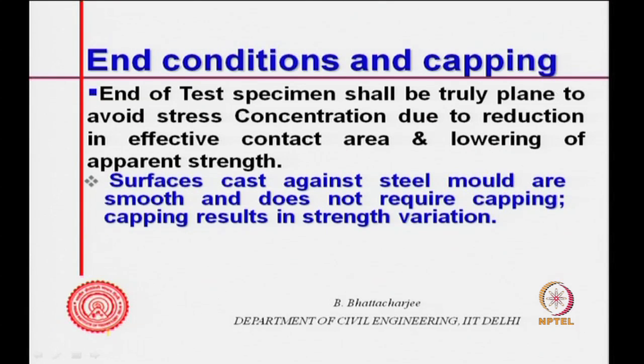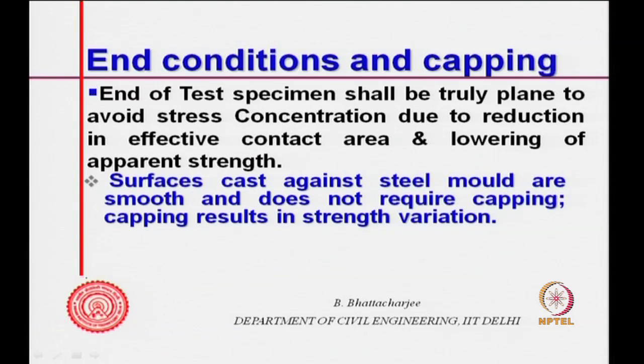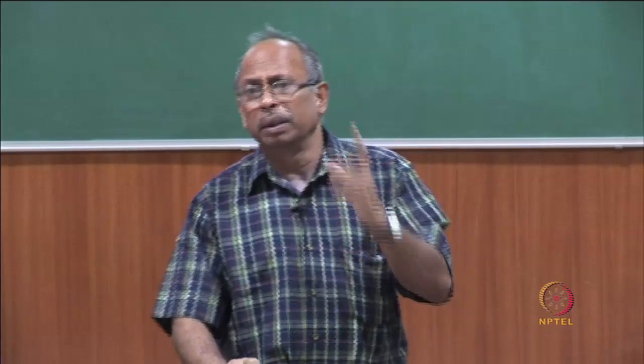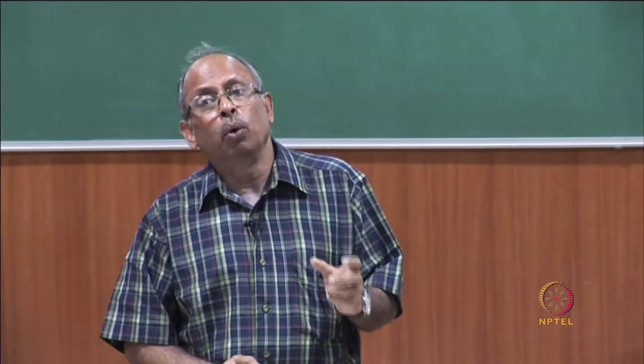But if you cut a core from an actual structure, sometimes we do that, we will not be discussing this right now, but sometimes we cut a core from the structure, which you have seen in the first lecture, if you remember, I actually showed you a core.